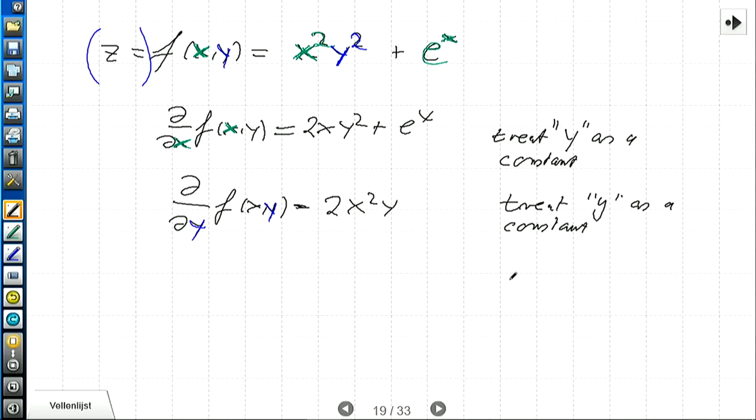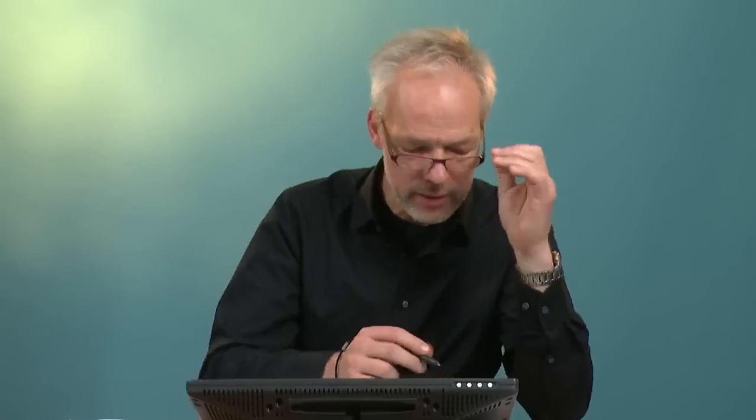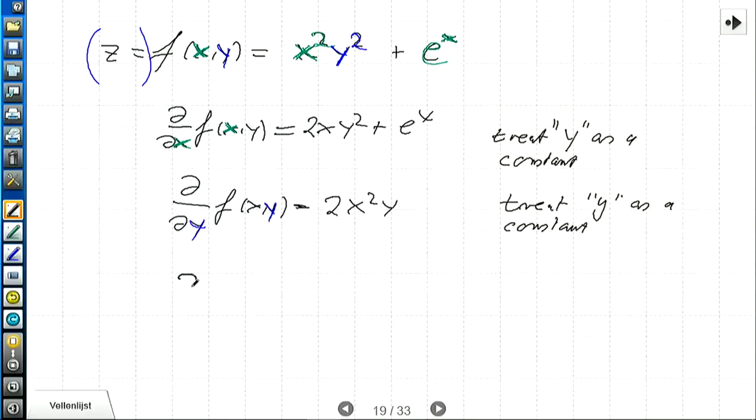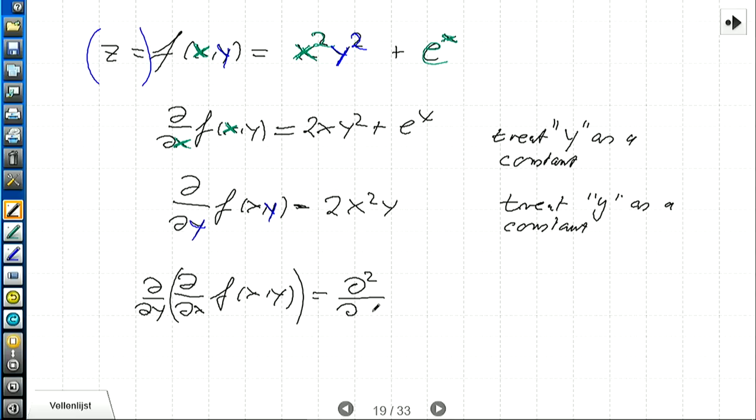I know from questions you have in your lectures that you say, oh, that I understand, but boy, what do I do if I have to partially differentiate again? For example, with respect to y. We sometimes write the second derivative in notation as first x, then y.